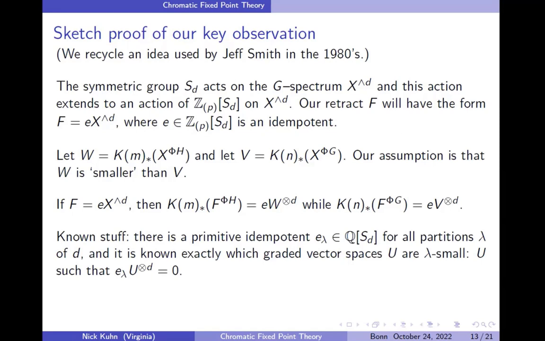And then people have figured out, if you have a vector space and tensor it D times, exactly when it's 0. Now, actually, we found out 2 weeks ago, I was at MIT and I was talking to Pavel et al. about something else that I was curious about.